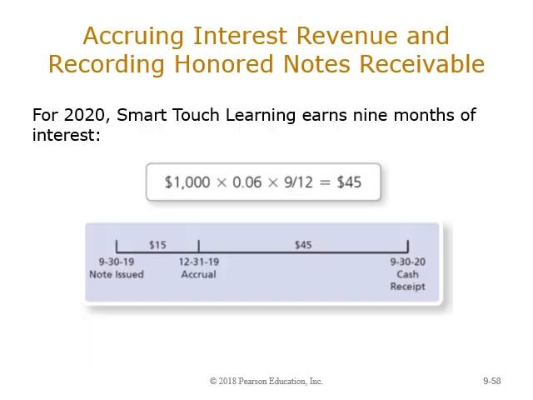So this is a really good visual to show you where that $15 is coming from. When we look at this timeline, we see at the beginning, September 30th, 2019, and all the way at the end, September 30th, 2020. When we were looking at the previous problem, we were looking at just those first 3 months. So right here, we've got the accrual for December 31st that we just figured.